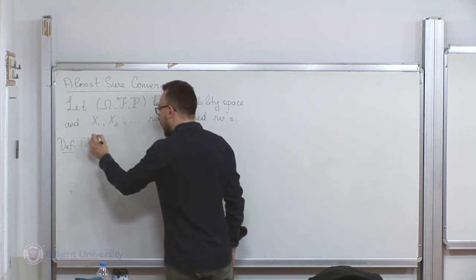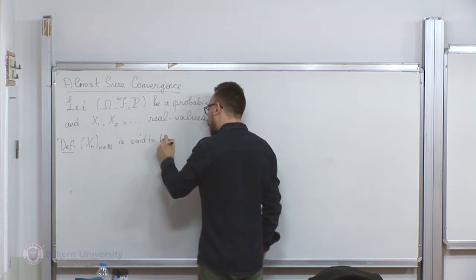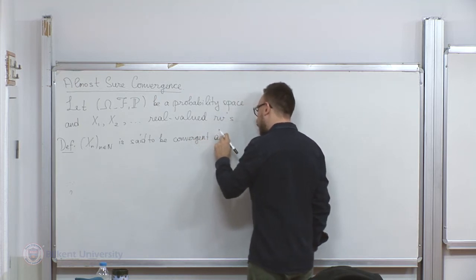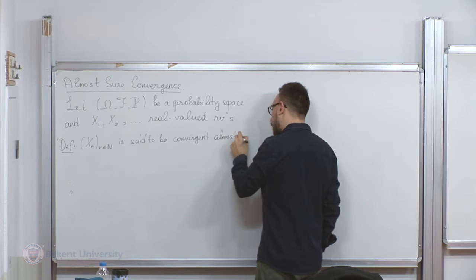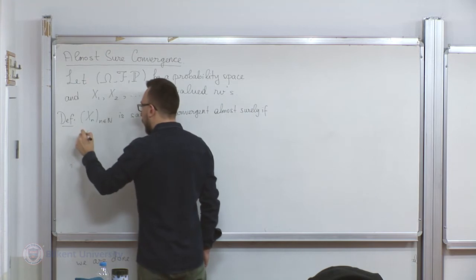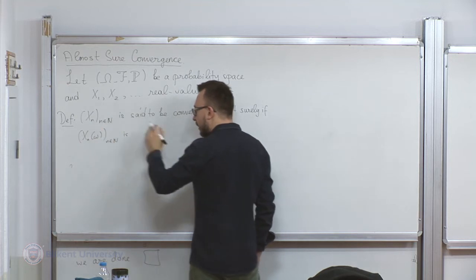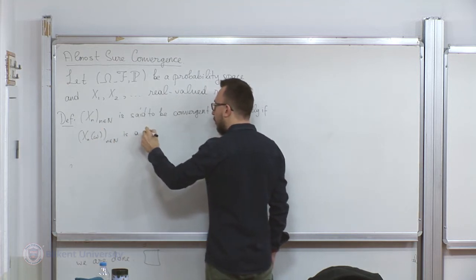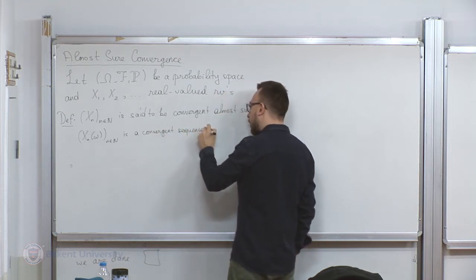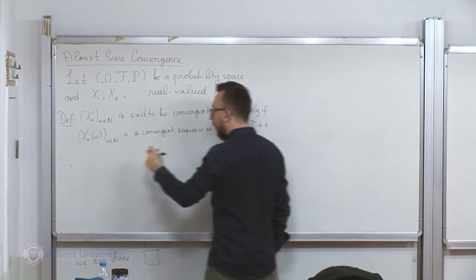So xn is said to be convergent almost surely if xn of omega is, so now it's a sequence of real numbers, is a convergent sequence in R, for P almost every omega.